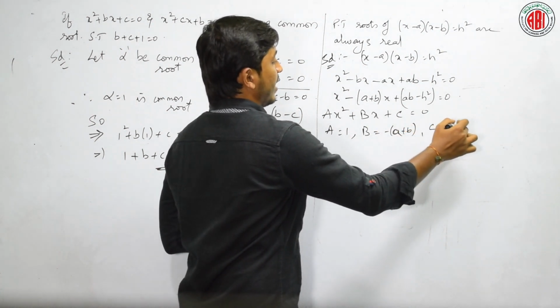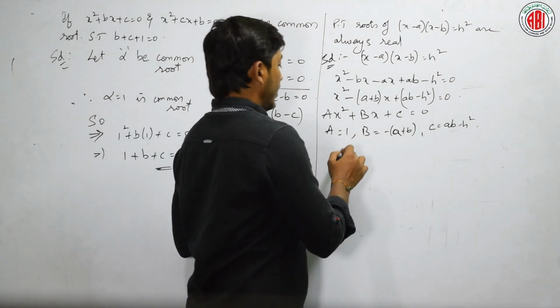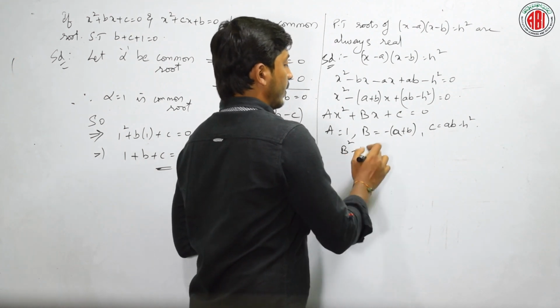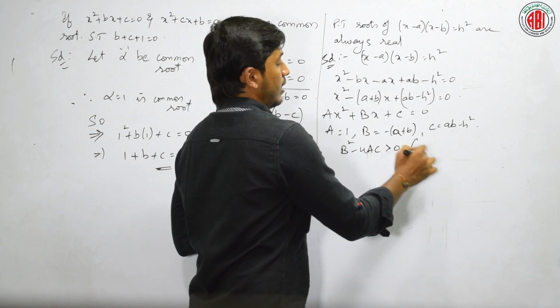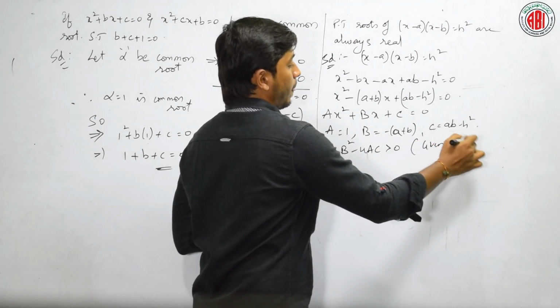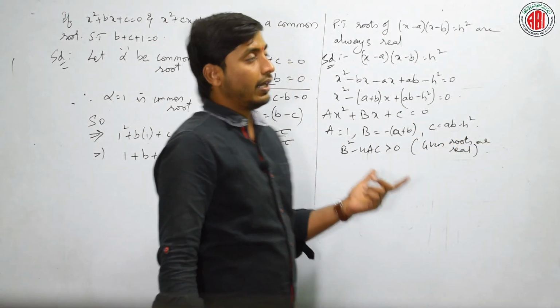C is ab minus h square. Substitute in the formula discriminant, b square minus 4ac is greater than 0 given roots are real. Clear?